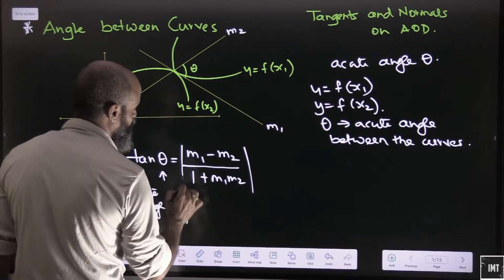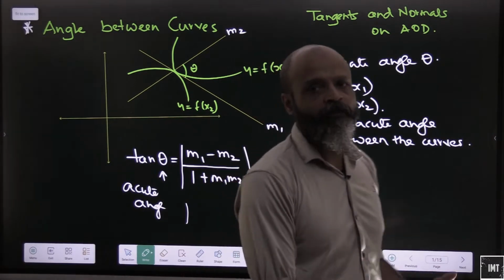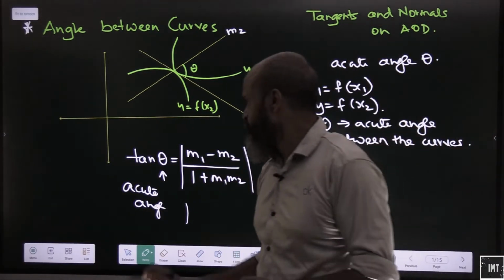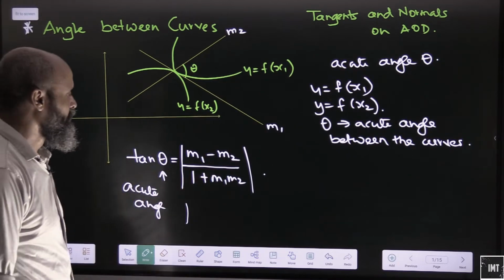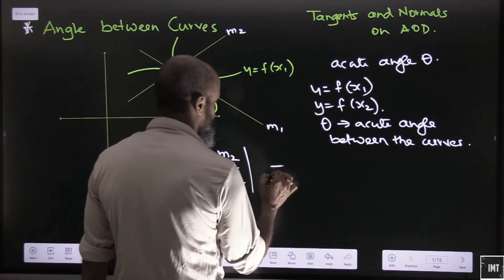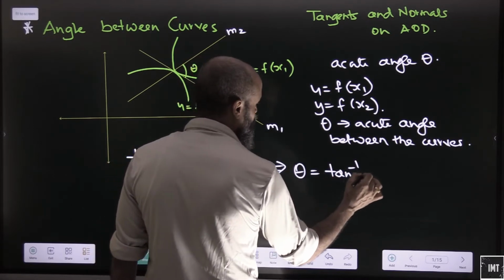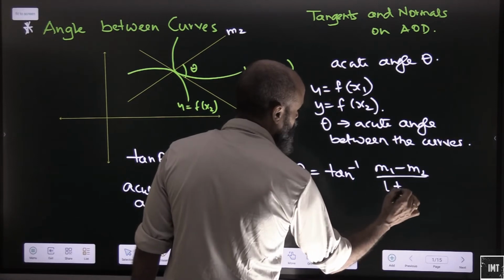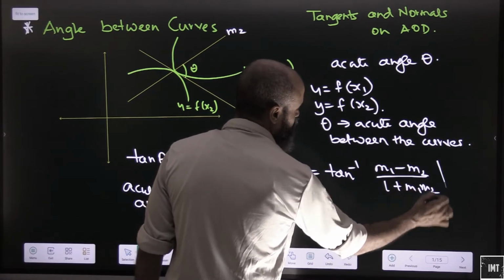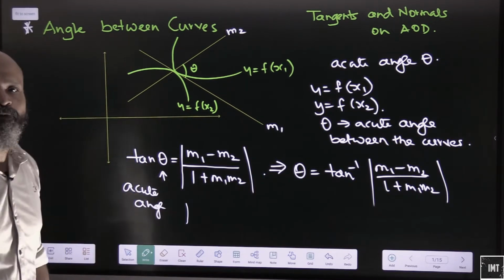There is a possibility that m2 might be greater than m1 and a possibility that m1 might be greater than m2, so we take the mod value. So theta will be equal to tan inverse of mod of m1 minus m2 upon 1 plus m1 m2.